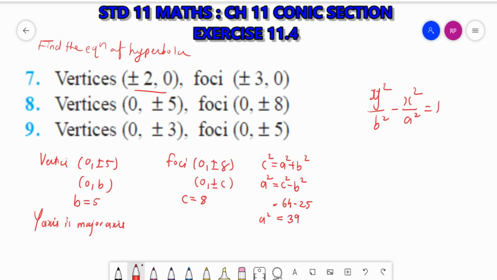I already had b. So the equation will be y square by b square, that is 5 square, 25, minus x square by a square, that is 39, equal to 1. Okay. So this was about question number 8. Now based on this, you have to solve question 9 by yourself. First solve question number 8.